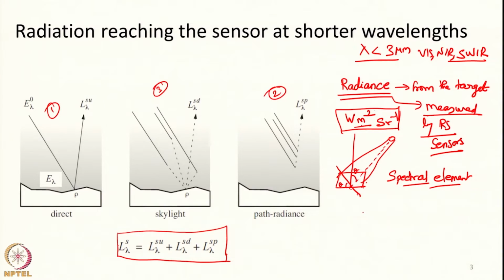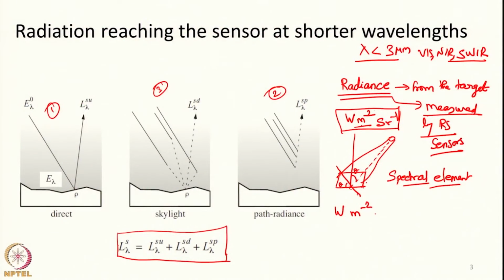So the radiance, to be more specific, is the spectral radiance: radiance leaving the object of our interest per unit meter square of projected area, per unit solid angle, in a given bandwidth per unit micrometer of wavelength. So, the unit of spectral radiance is watt per meter square per steradian per micrometer of wavelength. This is the radiance which leaves the target and reaches the sensor.